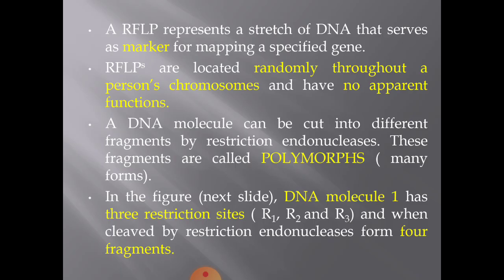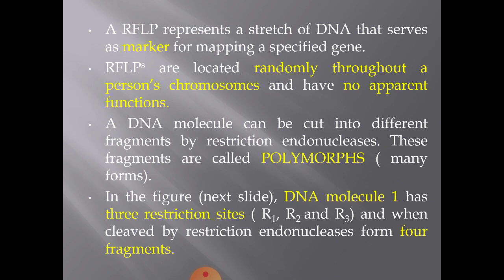So in simple terms, you can take a genomic DNA and treat it with restriction endonucleases. Okay. So if there are n number of target sites in the genome, after restriction digestion, you will get n plus 1 number of DNA fragments.